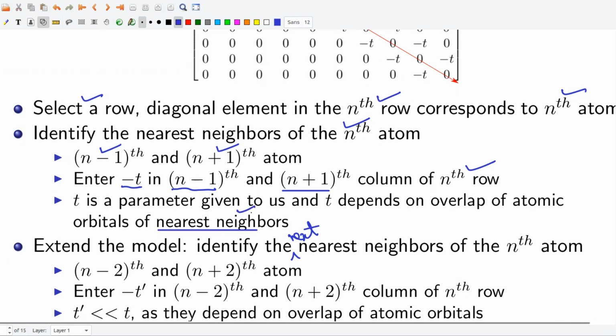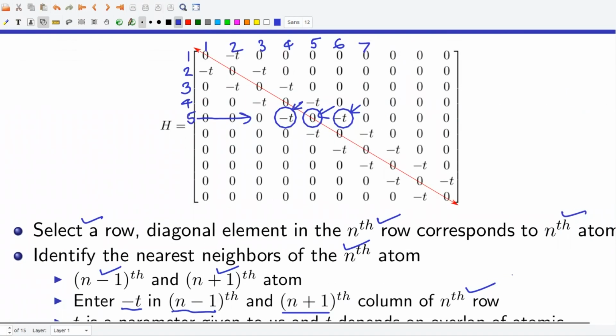Now we can extend the model to include the next near neighbor interactions. To do that, we have to identify the next near neighbors of the nth atom. In case of 1D lattice, this is the n-2 and n+2th atom. And we have to enter -t dashed in n-2th and n+2th column of the nth row. For example, again, let us take the 5th atom.